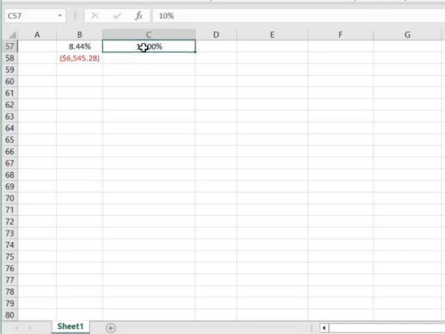And remember, 10 is negative. I'm going to put 5. 5 is positive. So it should be something between 5 and 10. I'm going to put 7.5. Still positive. So it should be something between 7.5 and 10.